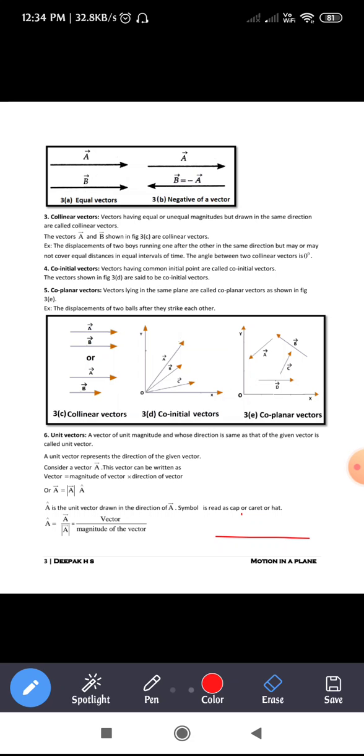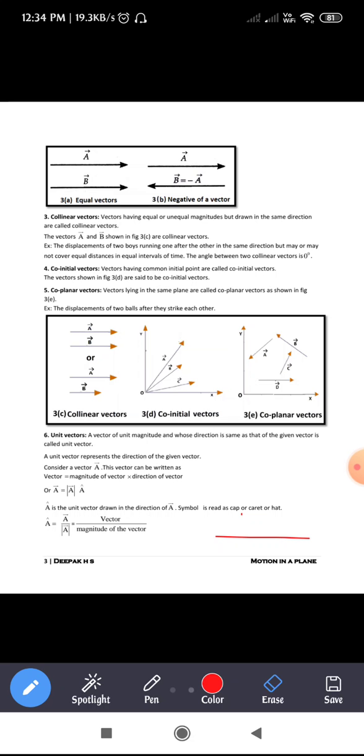In this case we are not worried about the magnitude of the vectors, only about the directions. We have taken four vectors here. Let us say all four vectors have different magnitudes, but all four should be directed in a single direction. This type of vectors are called collinear vectors.